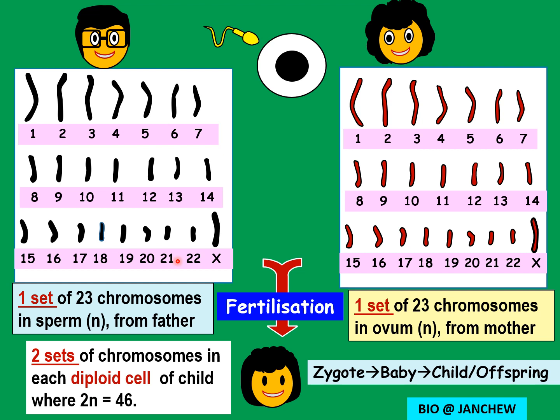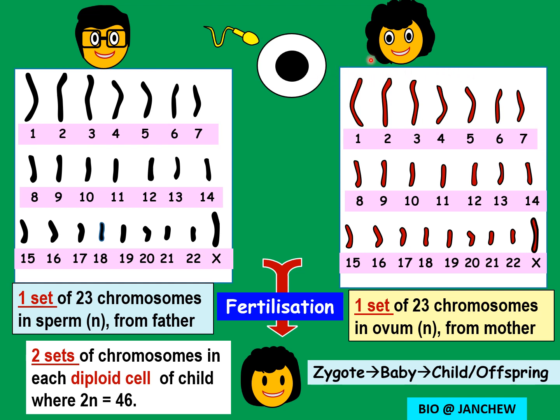They can take a photograph of chromosomes in a white blood cell, for example, and after that they can separate out the chromosomes. But in this case, it's only one set of chromosomes, whereas a white blood cell has two sets. This one set is found only in the gametes, like the sperm, and the other set is found in the ovum, from the mother.